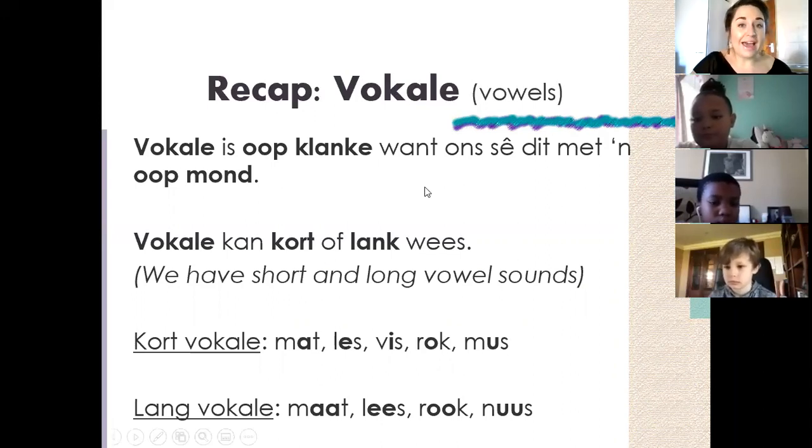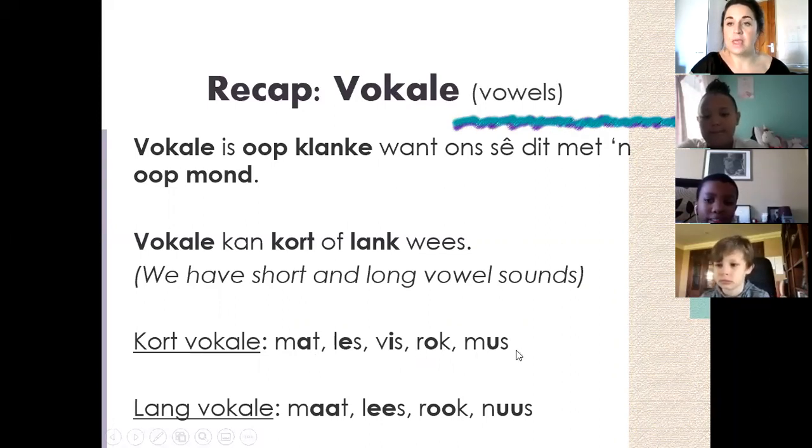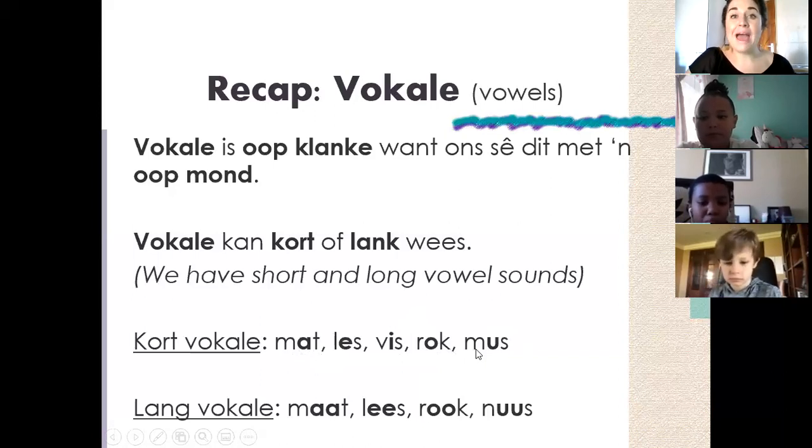Kort vocale is, look at my little arrow, mat, les, rok, mus. So can you see that there's only one vowel sound in each of those words? One. Good. Now when we have long vocale, when we have a long vowel sound, we have 2.